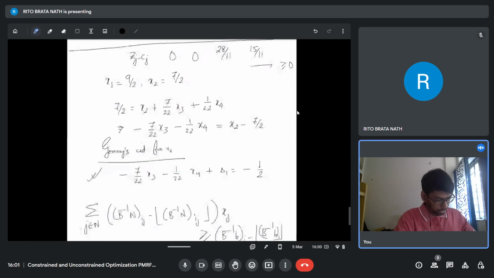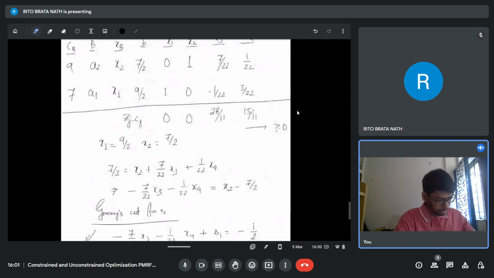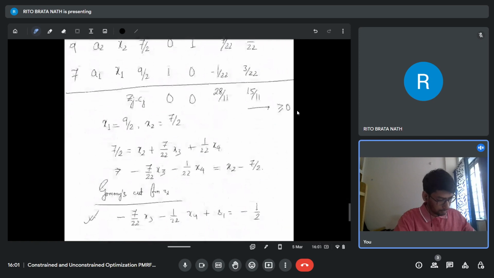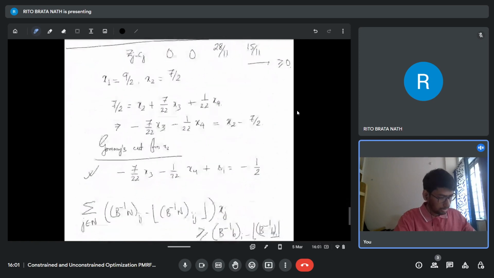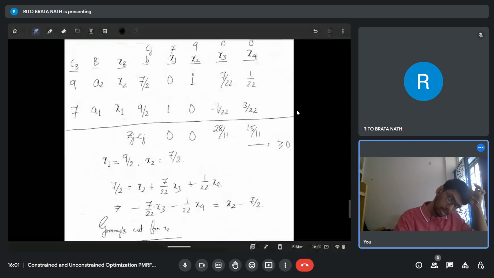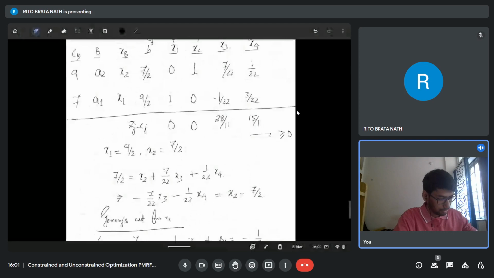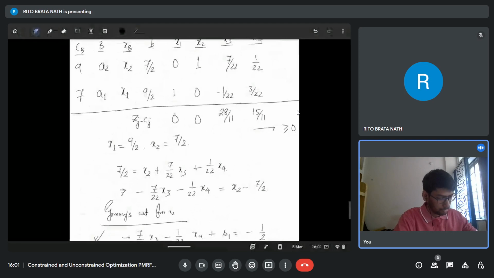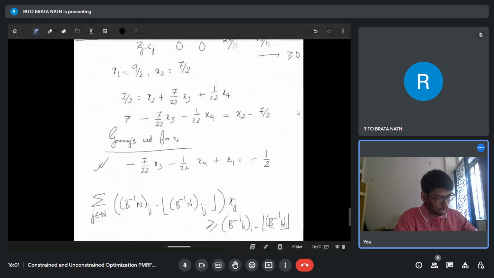And for the other portion, j belongs to N, x2 automatically vanishes because that's 1 minus 1, and the 7 by 22 minus 0, 1 by 22 minus 0.